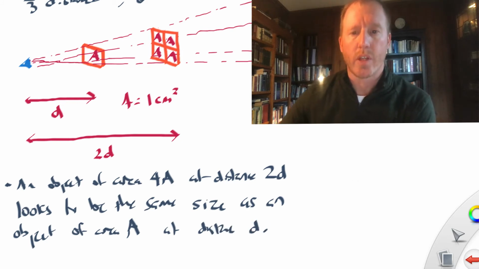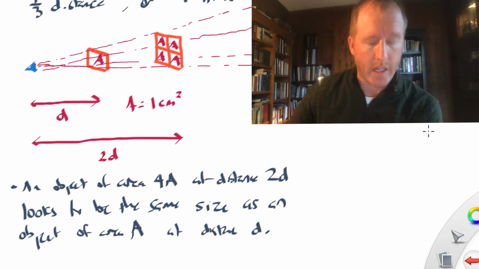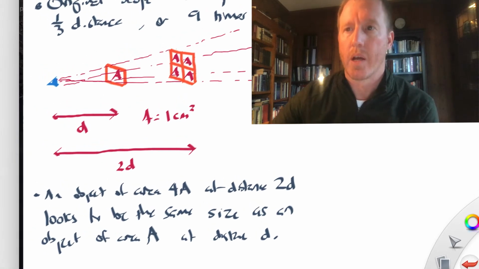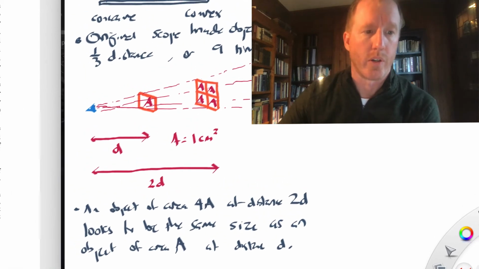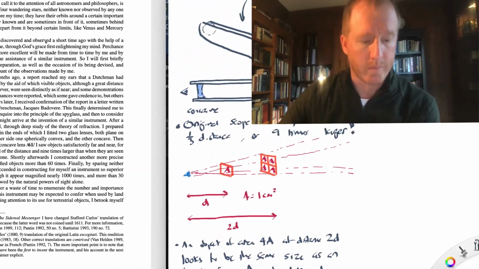So in other words, if you double the distance of an object, you actually need to make that object 4 times as big in order to take up the exact same fraction of your field of view, or for it to appear to be the same size to you.